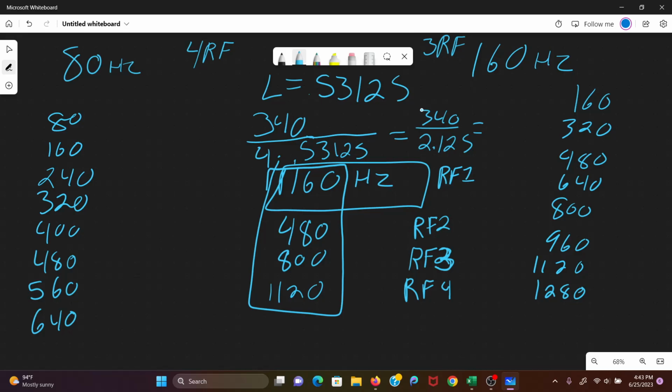So over here, your graph is going to look like, oh, I have not given myself enough space.